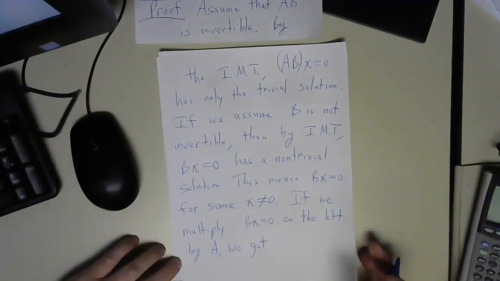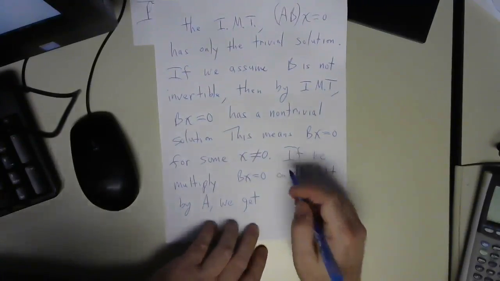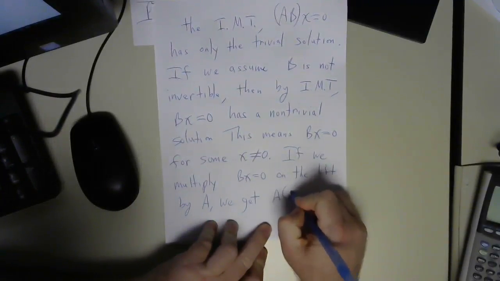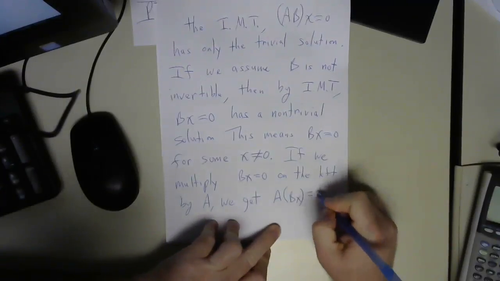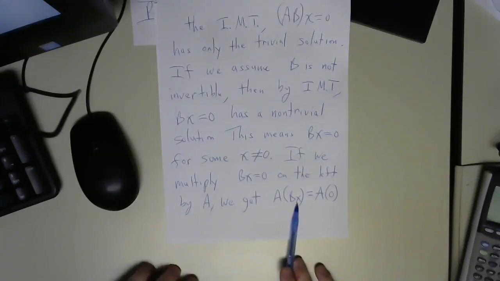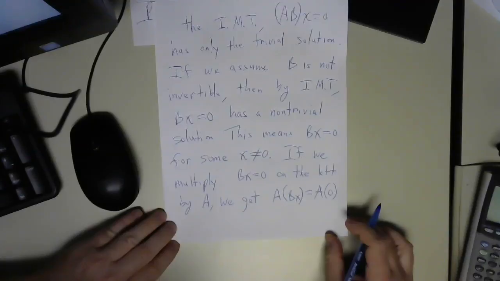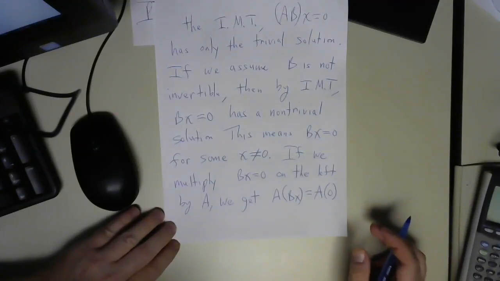If we multiply the equation Bx equals 0 on the left by A, we get this: A times Bx equals A times 0. And remember, in this case, we're assuming x is not 0, because we're assuming that B is not invertible.